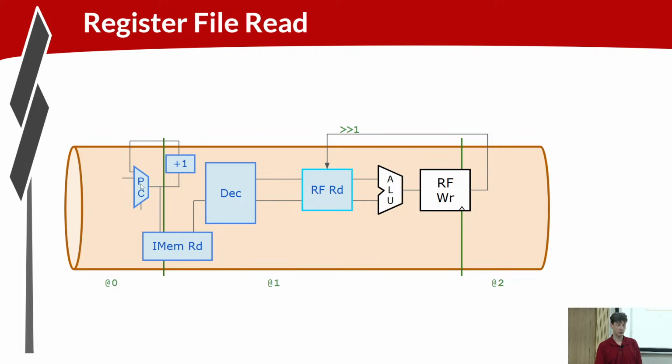This is a critical path that we're looking at all the way from PC through fetch, decode, register access, and ALU. By keeping the RS1 and RS2 fields in the same place for every instruction, we help to streamline the logic and get rid of the decode logic from the critical path.